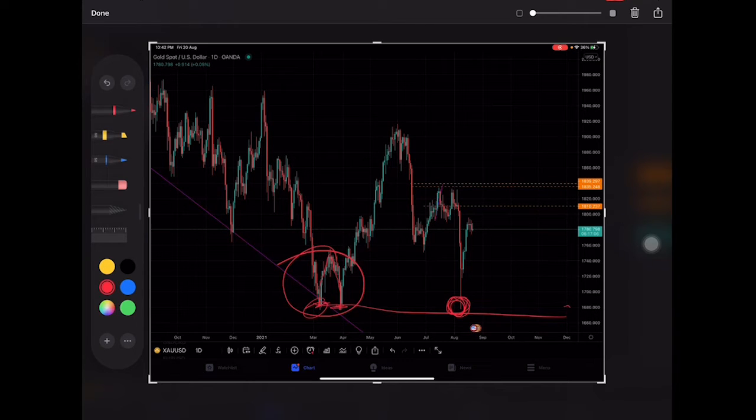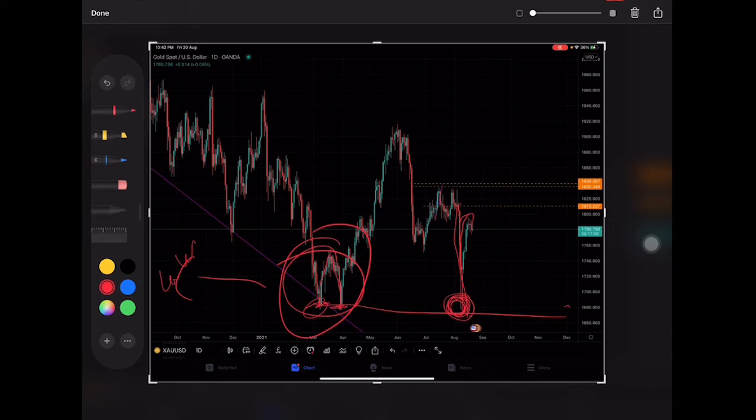There are so many times that this kind of thing happens, so Uncle hopes you can practice. And remember, this kind of setup only happens at a support zone or resistance zone. This is a support zone from a previous level, and the price comes back and goes back up.